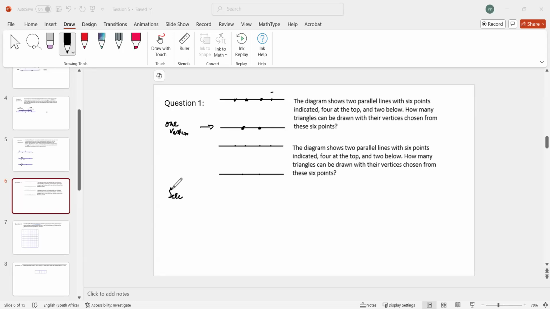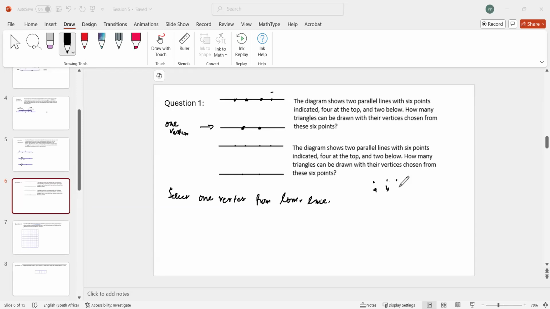Select one vertex from the lower line. So how many triangles have you got? Well, you have to choose 2 points from there to create the triangle. Now, how many ways can you choose 2 points from these four?